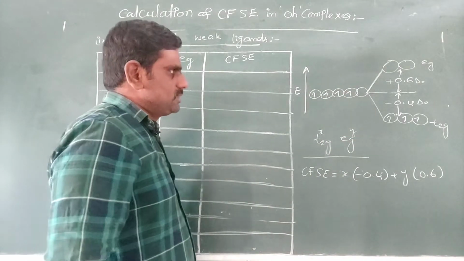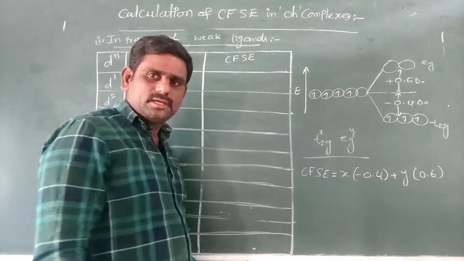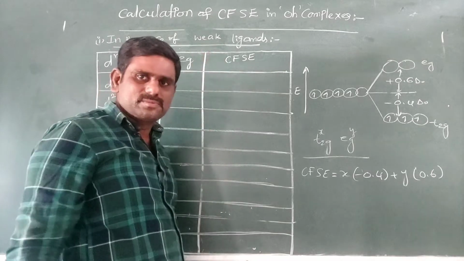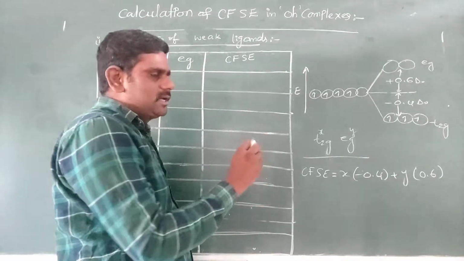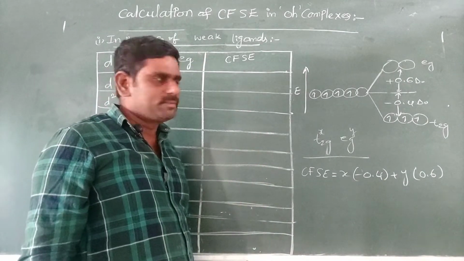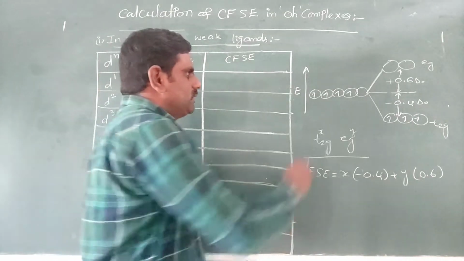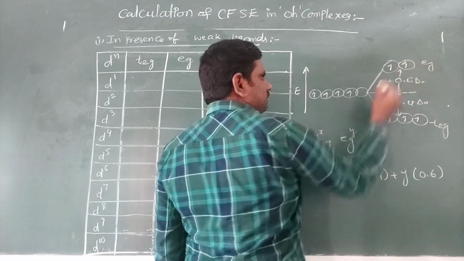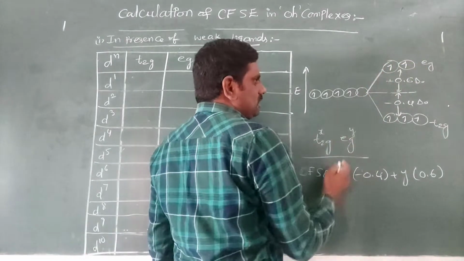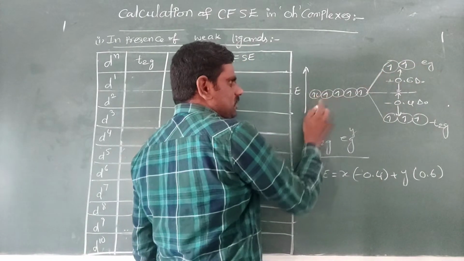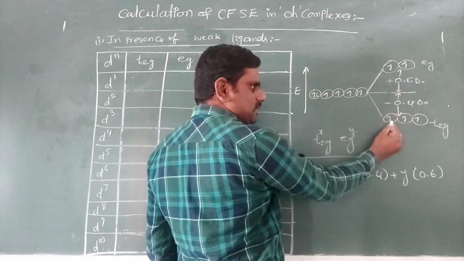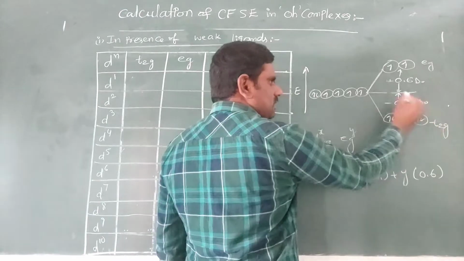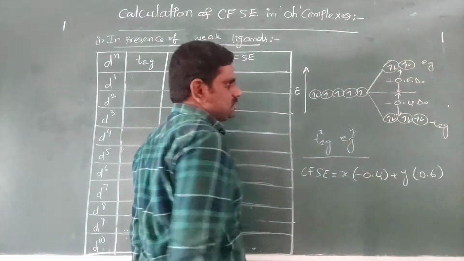Where it goes, that is the big question again. It depends on the nature of ligand. Here, weak ligand is present. In presence of weak ligand, electrons are not forced to be paired up, so it goes to the higher energy level. Next, if 5 electrons are there, if 6 electrons are there, pairing of electrons takes place from here. D6, d7, d8, d9, d10, like this.